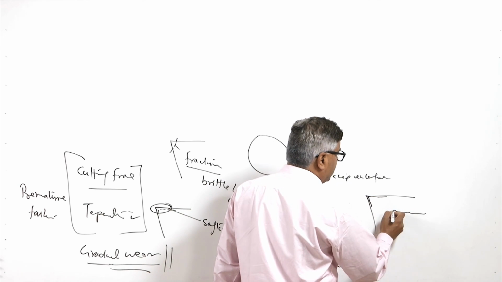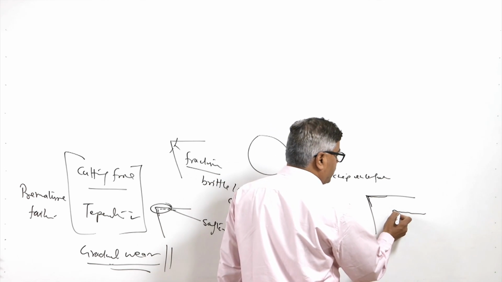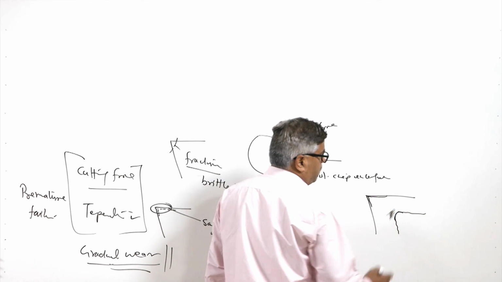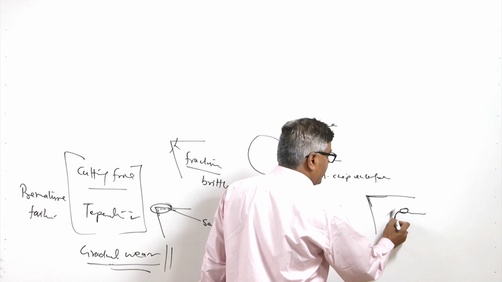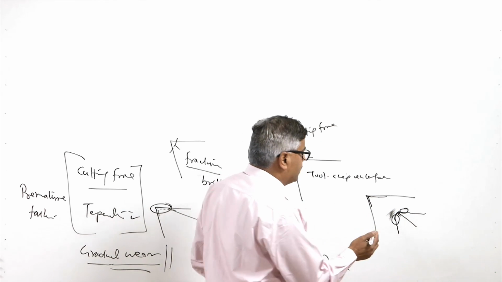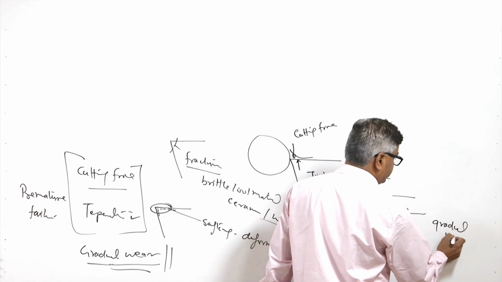So, we may find that the face or the flank has become rough and the cutting edge has been rounded off. So, it has blunted. The face, flank and nose are the three zones affected in the case of gradual wear.